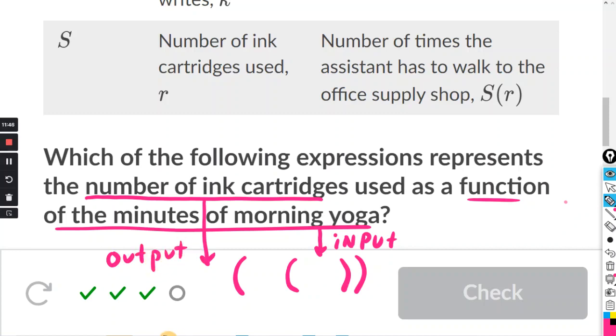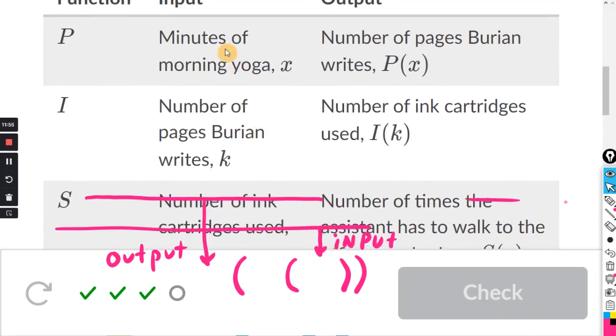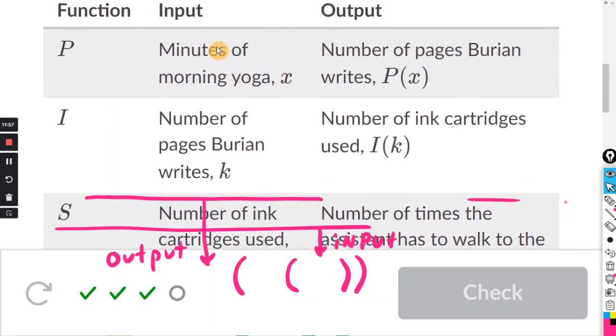So let's first look for the input. Minutes of morning yoga is going to be the input. So minutes of morning yoga, for the input, that is x. So that's going to go right there.